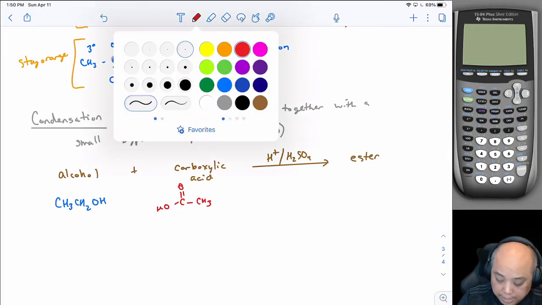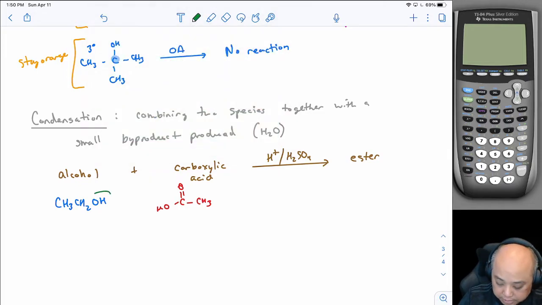Okay. And what you need to imagine is this OH and this H being removed to form water. Now, technically, that's not the oxygen that goes away, but I think it helps you with your naming ideas if you think of it that way. Because really, when you draw it, you don't show which oxygen is which anyway, so it doesn't really matter.